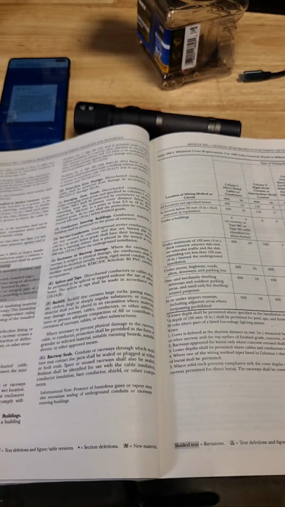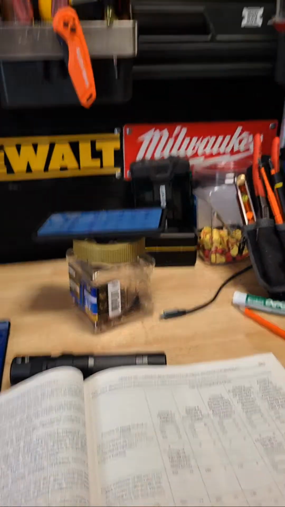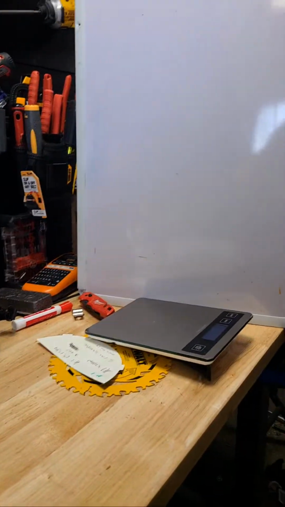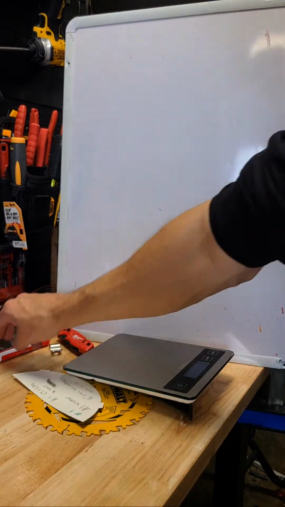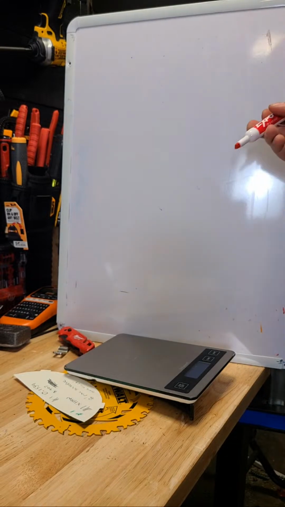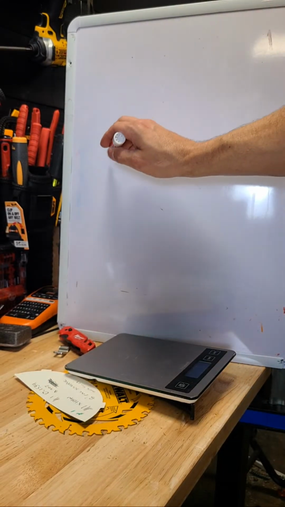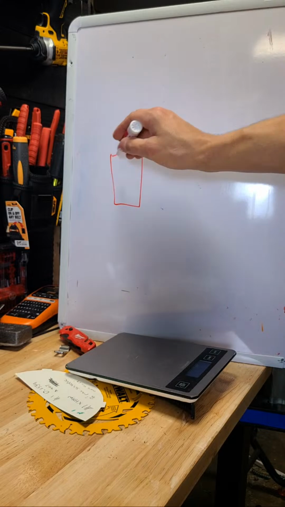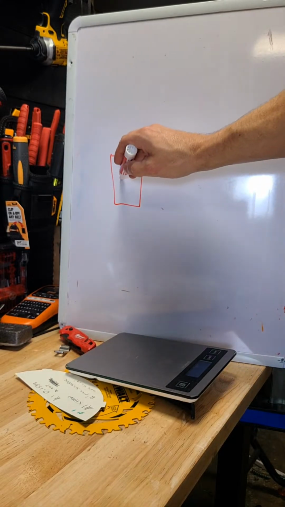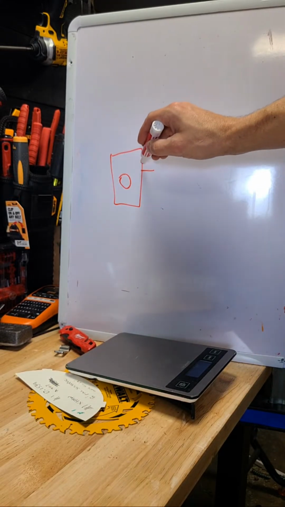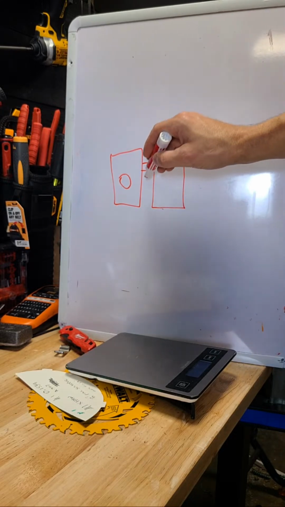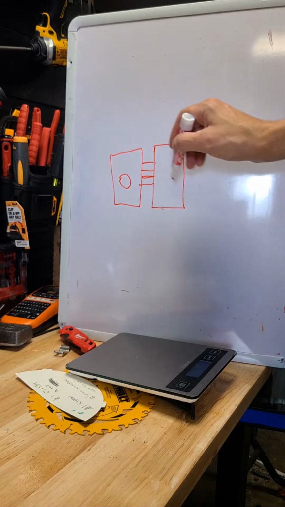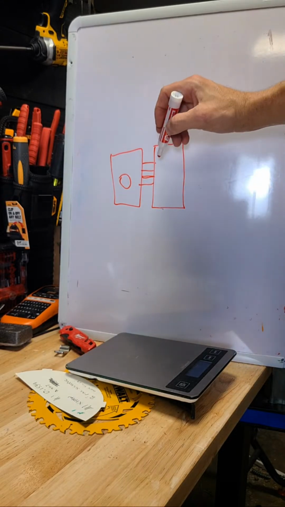So let's look at something that we ran into the other day. This is what we ran into. We had the meter, and we had 2 pipes going to our main breaker here.